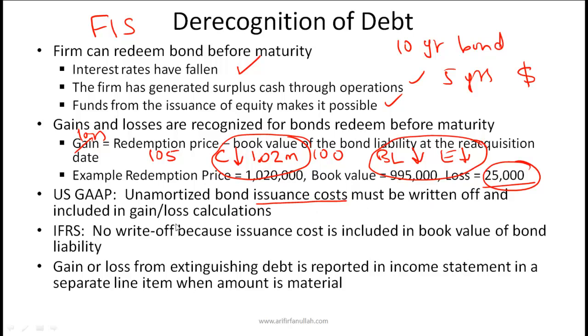So it will actually be a loss. With IFRS, recall that we did not create any asset because we simply reduced the value of the bond liability, and hence no write-offs are necessary. The gain or loss from extinguishing debt is reported in the income statement in a separate line item whenever the amount is material.